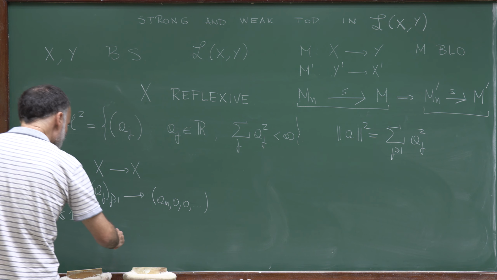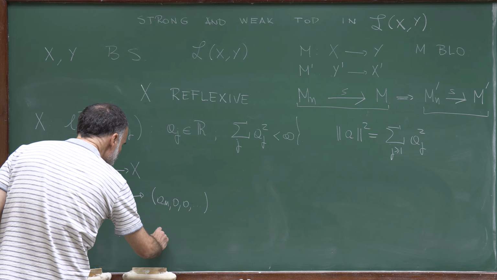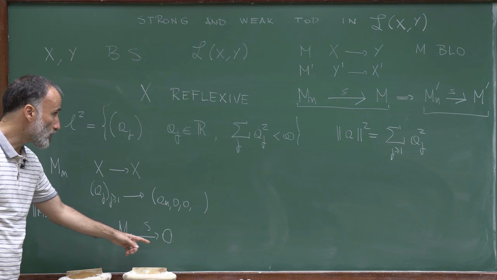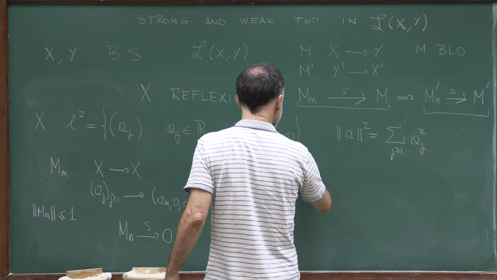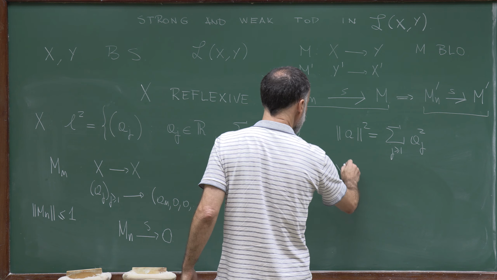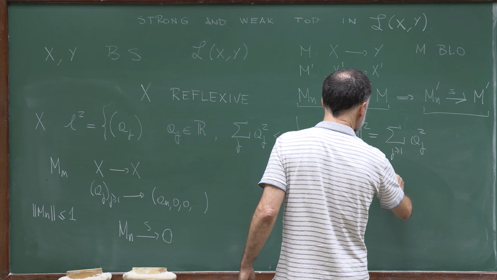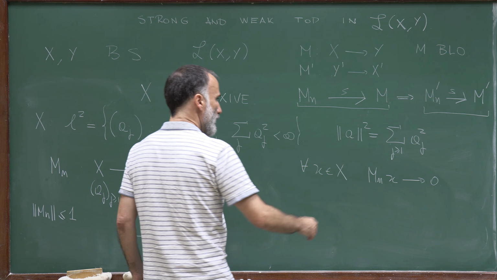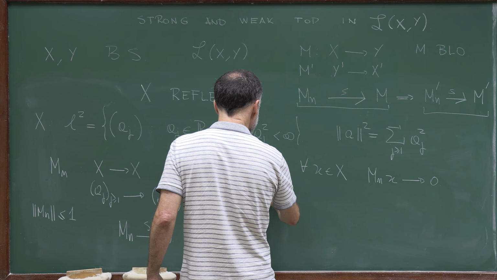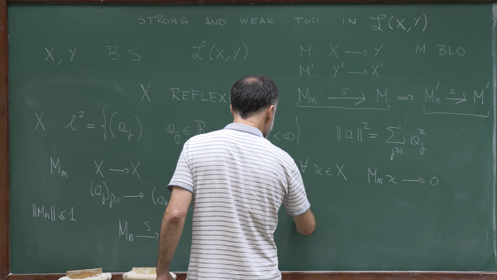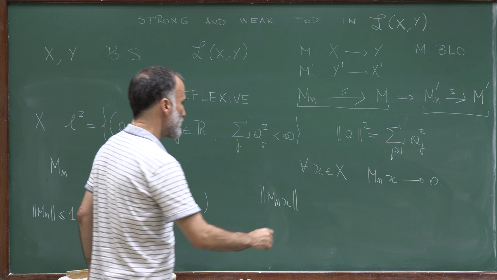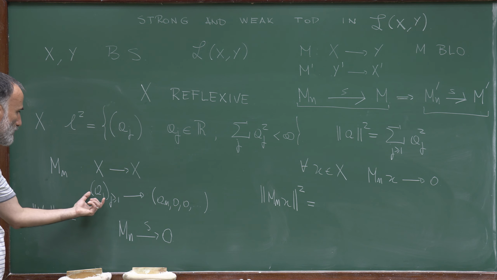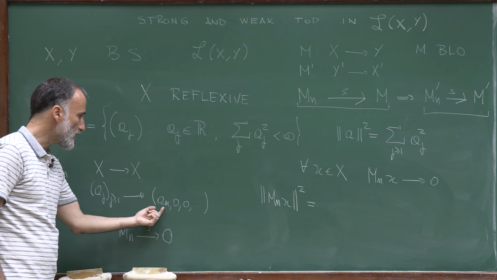And what I claim is that Mn converges strongly to the operator which is 0. And to show that Mn converges strongly to 0, what I have to show is that for all x in L2, Mn x converges to M applied to x, but this is 0. And let's prove that. So let's compute the norm of Mn x, squared. So this is Mn applied to a sequence x, which is the sequence xn, 0, 0, 0.